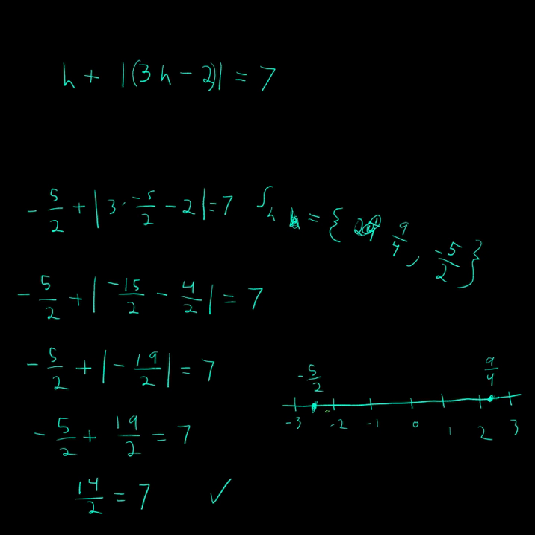I guess the last thing that we are going to talk about for this is absolute value equations where we have unique situations arising. So let's consider the case where the absolute value of 3n minus 4 equals negative 1.